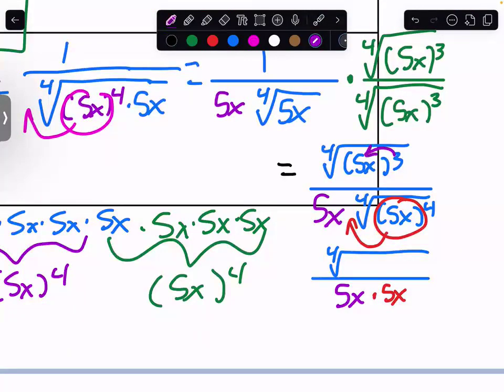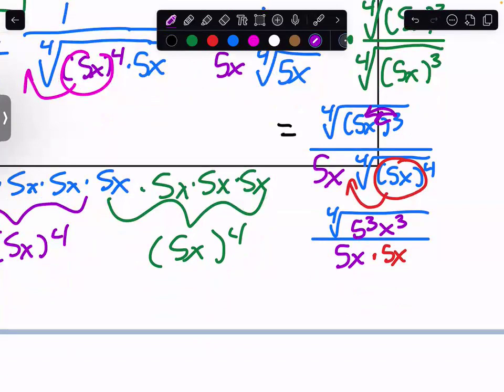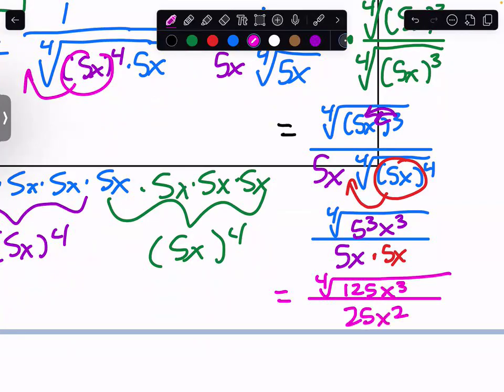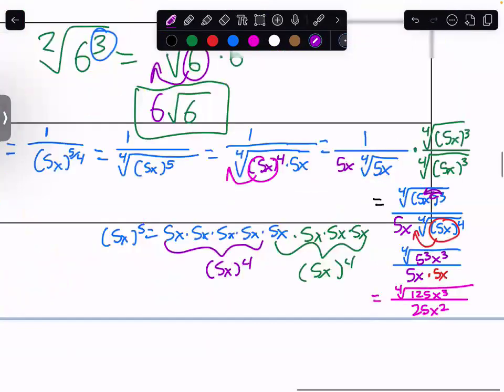All right, the exponent affects both the 5 and the x. Okay, so in the numerator, 5 cubed is 125, x cubed is x cubed. In the denominator, 5x times 5x is 25x squared. Yeah, so that one had a lot of steps.